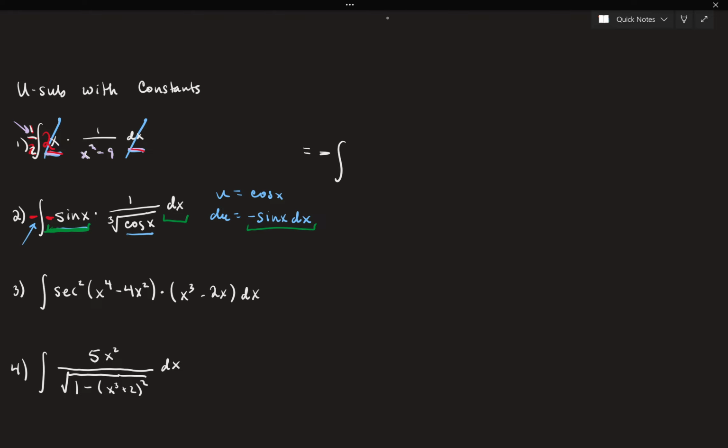And then 1 over cube root of u. So that is negative integral of u to the minus a third. That's negative, I add 1/3 to the power. Negative 1/3 plus 1 is 2/3. And I divide by that new exponent.